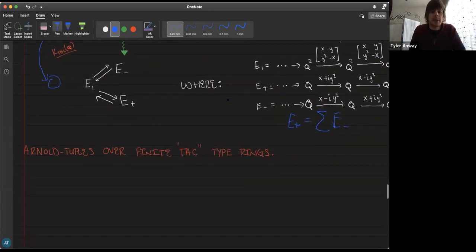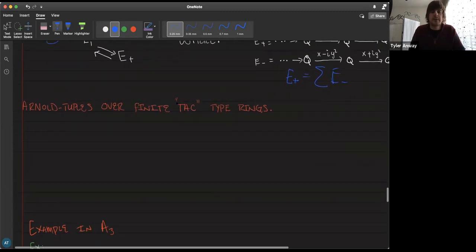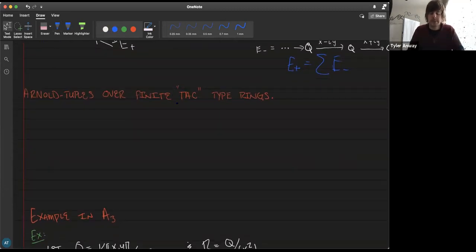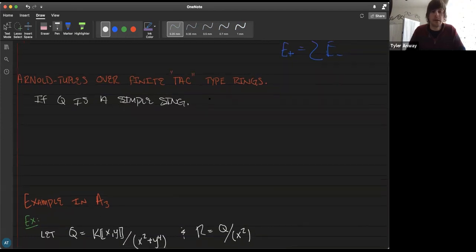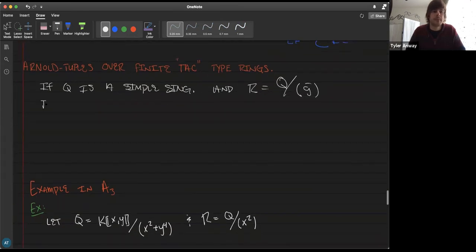So let's turn now back to these Arnold-tuples and discuss what they mean over finite Ktac type rings. Finite Ktac type means just finitely many totally acyclic complexes. So if Q is a simple singularity and R is Q modded out by some regular sequence, then that lambda set we had is finite.